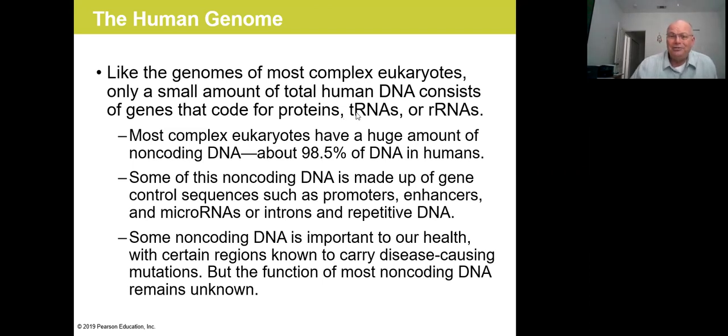The tRNAs and the ribosomal RNAs have to come from somewhere as a product of transcription. The microRNAs, the interfering RNAs, they all have to come from somewhere, and they lie outside of the actual genes that make up those 23,000 genes. But we still don't know what the vast majority of our DNA actually does.